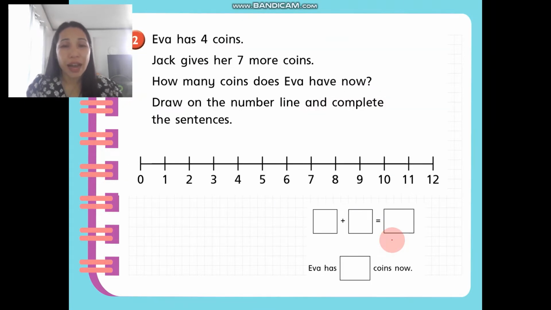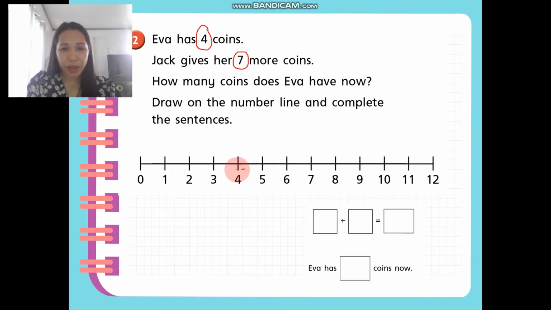Next, Eva has 4 coins. Okay, I'm going to circle that again. And then Jack gives her 7 more coins. So how many coins does Eva have now? So we're going to draw the number line, complete the number line, and then we're going to write the number sentence. So I'm going to start with 4.